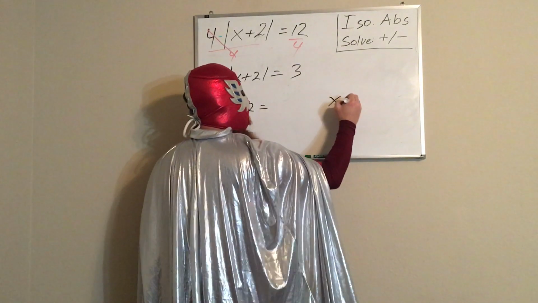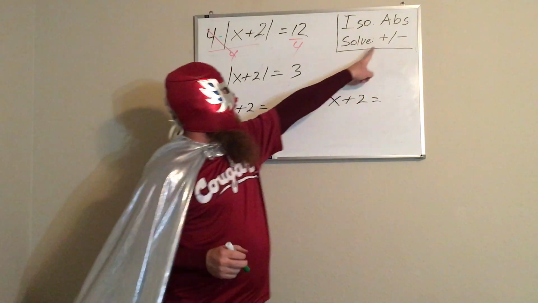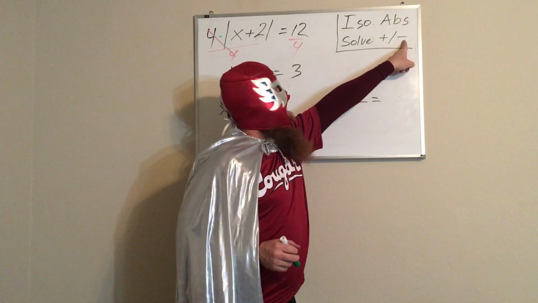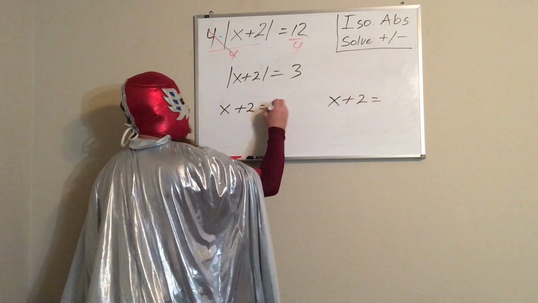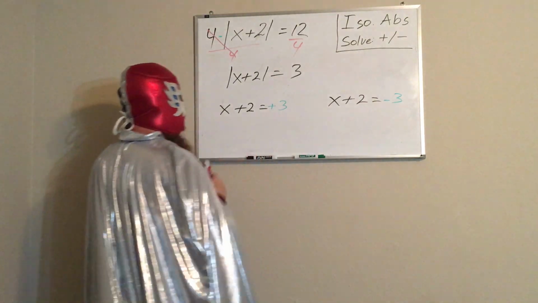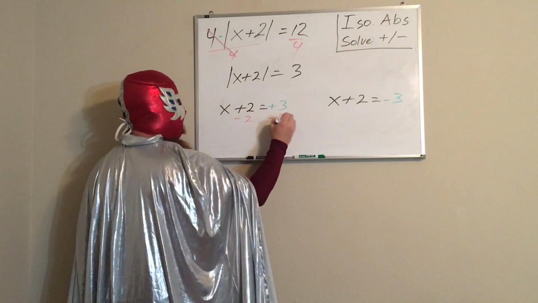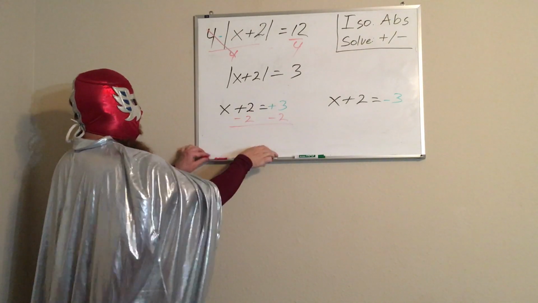x plus 2 equals, and x plus 2 equals. We will set this equal to a positive 3 and a negative 3. Positive 3, negative 3. We use inverse operations to isolate the variable. We subtract 2 from both sides.